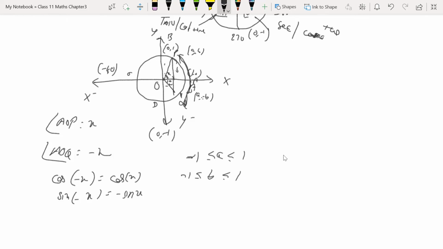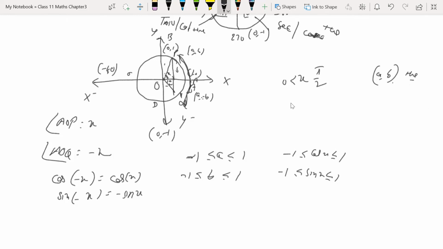Then we can state that cos X and sin X lie between minus 1 and 1 for all X. In the classes, we learned that in the first quadrant, meaning 0 to pi by 2, A and B both are positive.